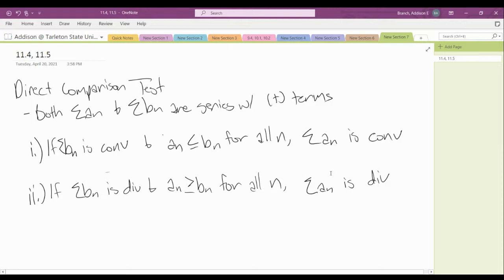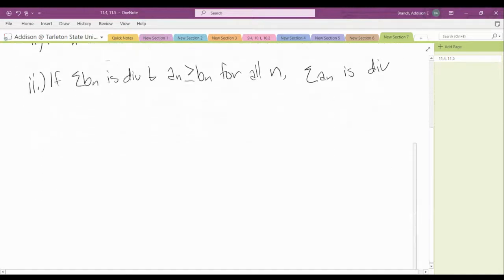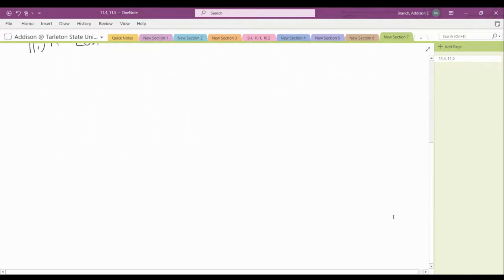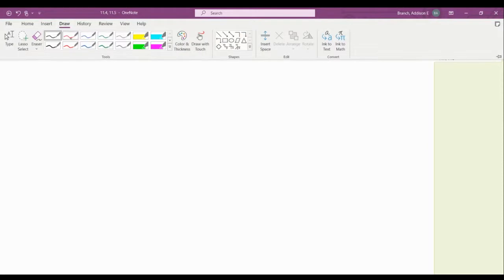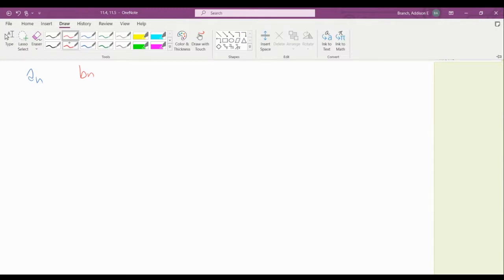So let's actually go ahead and visualize this, because this one is mostly common sense. There is an actual mathematical way to do it, but honestly, visually, it just makes more sense. So for example, if we have series A as the blue line, and B as the red line. This is similar to what we talked about when we did improper integrals as well.